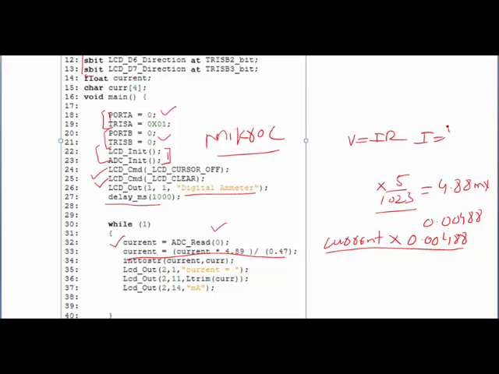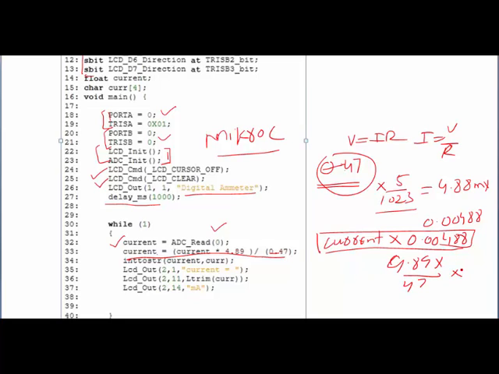I is equal to V by R. This is actually the voltage, and to convert it we have to divide it by 0.47. So actually this will be 47 only, and we multiply it by 100, so it will become 4.88 divided by 47 and multiplied by current.